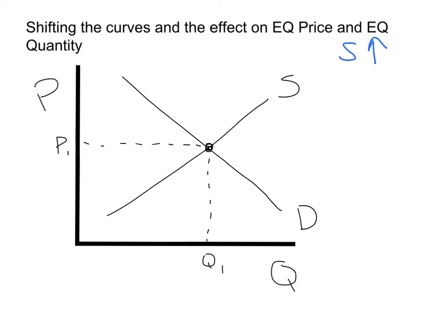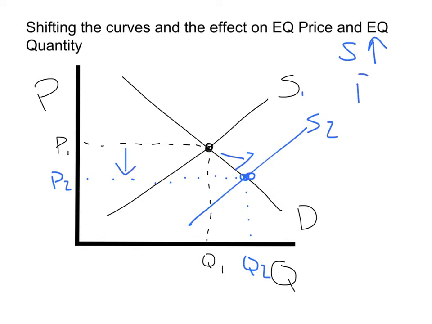Now, if we increase supply, we're going to shift supply to the right, which shows an increase. We have our new equilibrium point, drag it across for our new equilibrium price, drag it down for our new equilibrium quantity. Now, price has decreased. So when supply increases, price goes down.